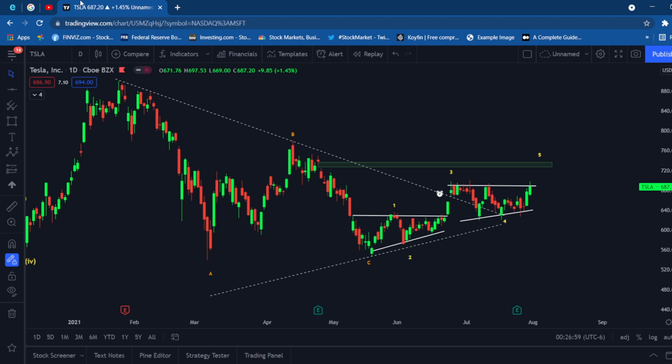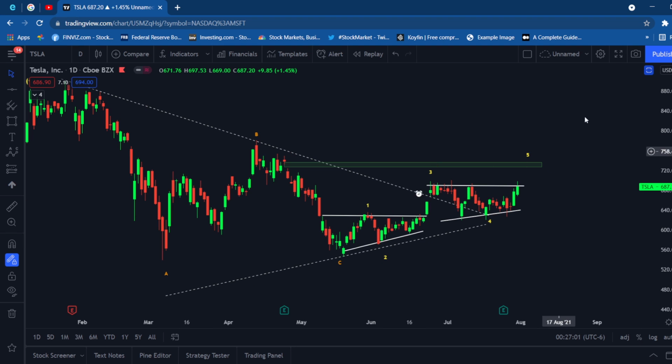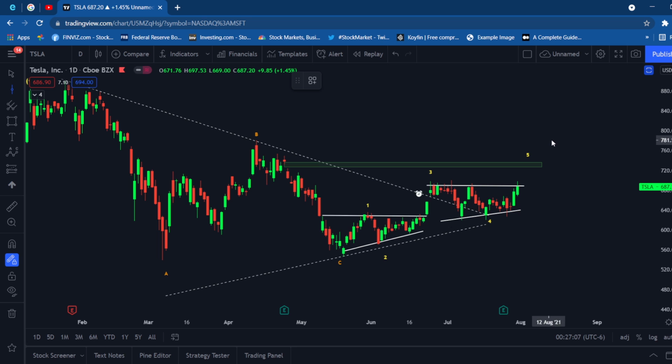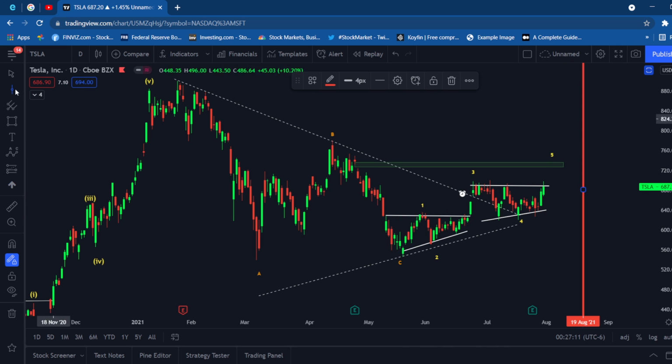We actually want to play the run up. So we have the event right over here, let's look at our vertical line. We basically want to play the run up: buy the hype and then sell the news on August 19th.